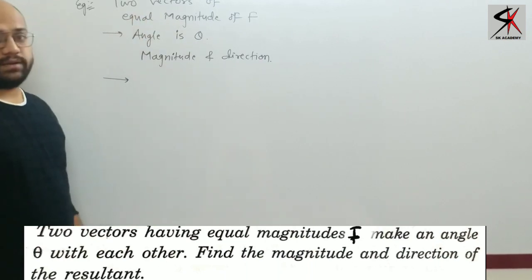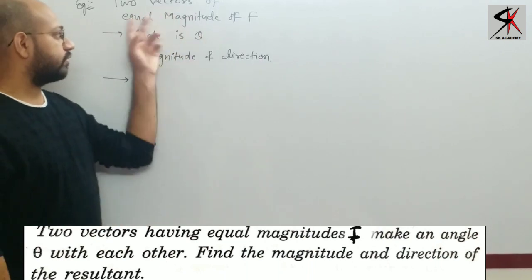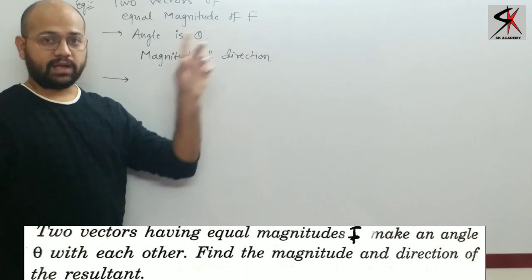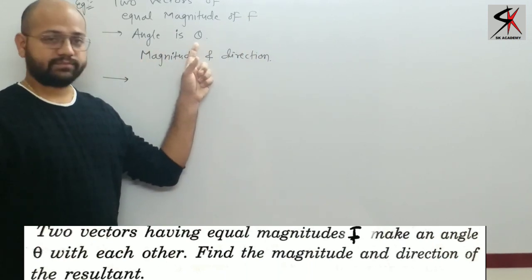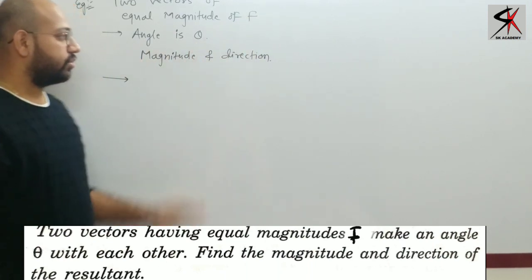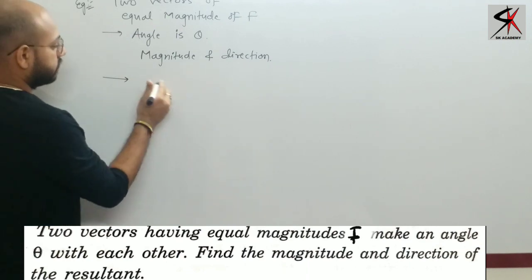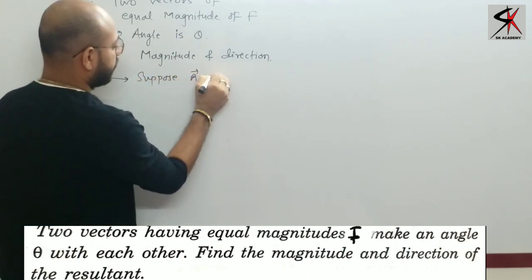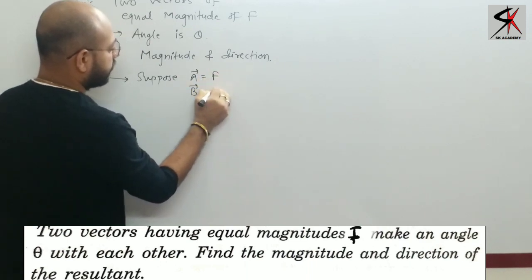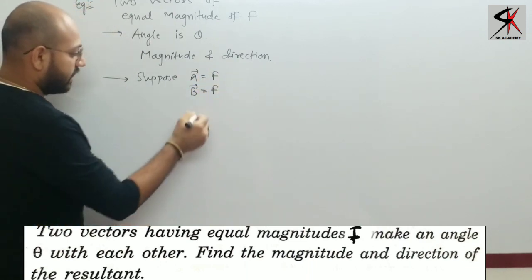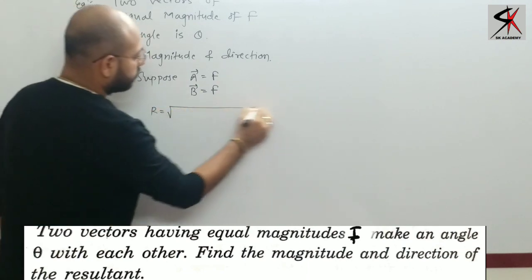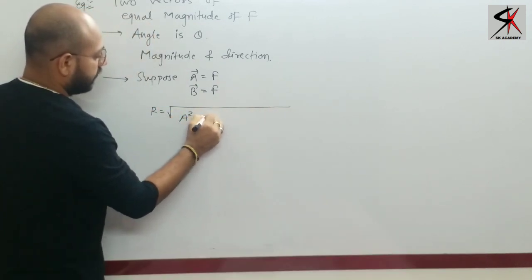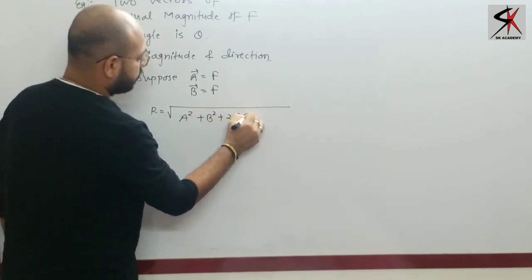Now here there are two vectors and the magnitude of these two vectors is f. The angle between the two vectors is theta. So first of all you have to find the magnitude. Suppose I take a bar is equal to f and b bar is also f. Then from the equation, r is equal to under root a square plus b square plus 2ab cos theta.